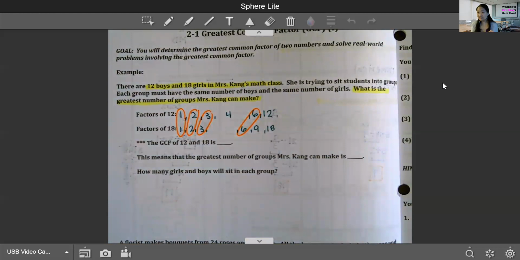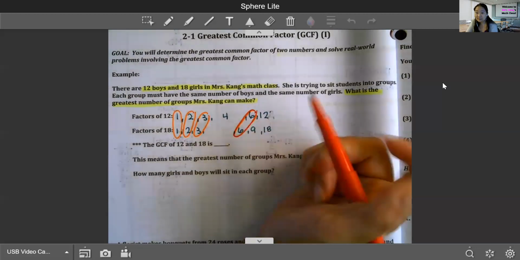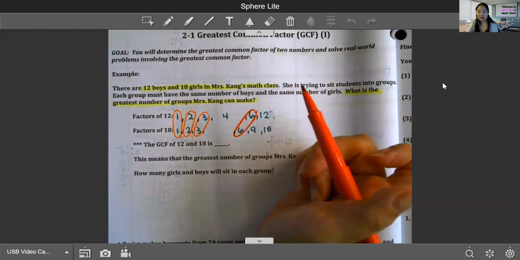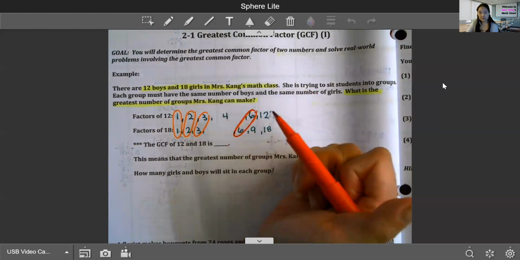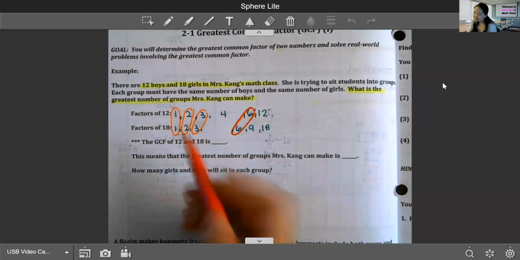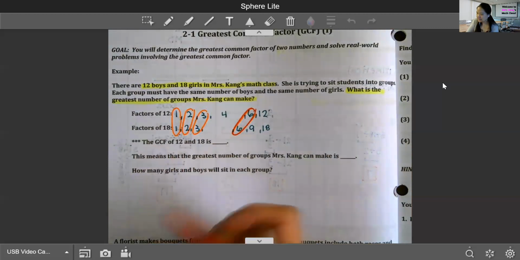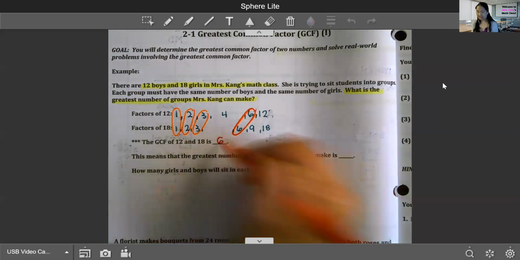But among these, the greatest common factor is 6, because that's literally the greatest. So the greatest common factor of 12 and 18 is 6.